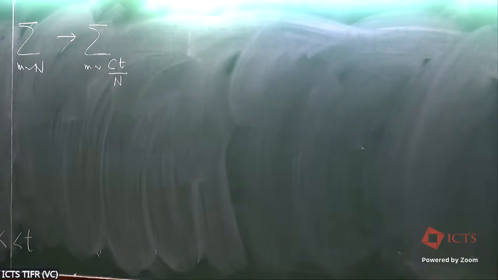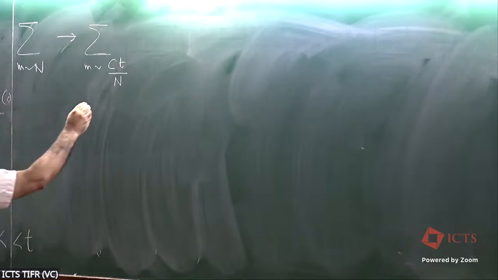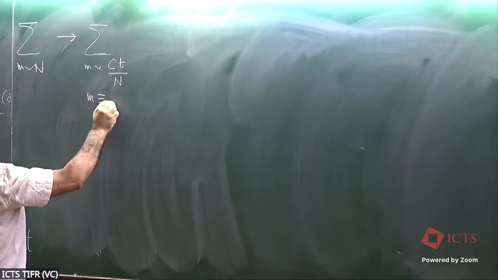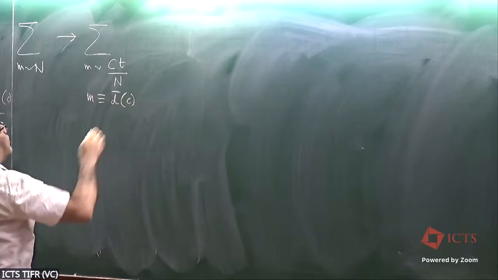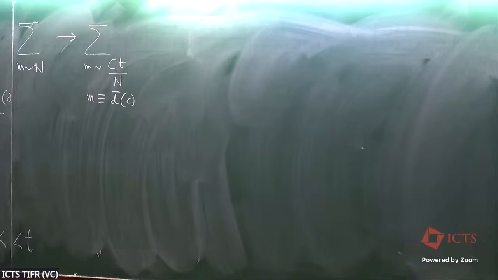And that will mean that m is congruent to d bar modulus C. So I'll have this information also, congruent to d bar. Otherwise, the Fourier transform of the arithmetic part will not survive.